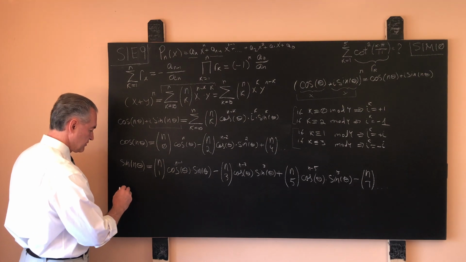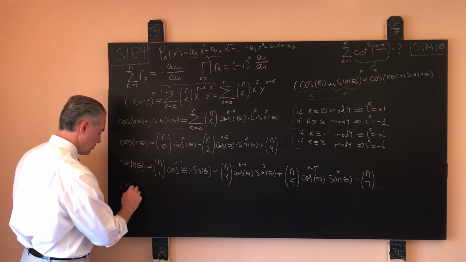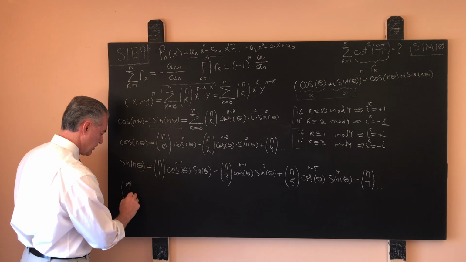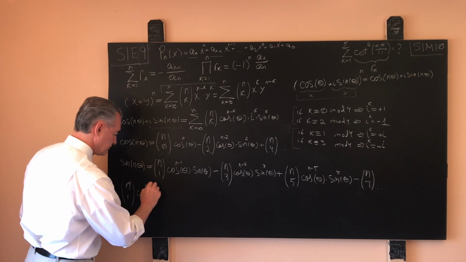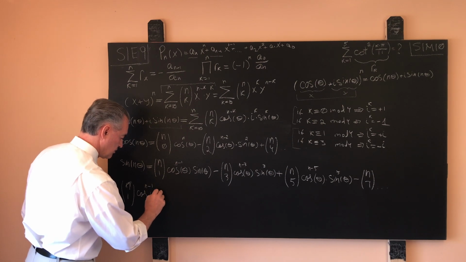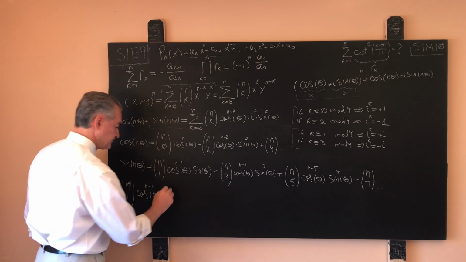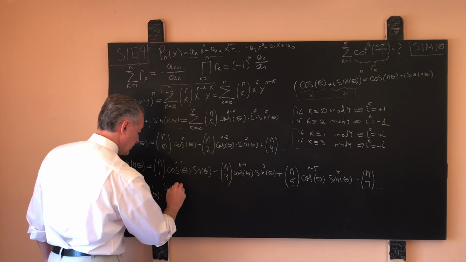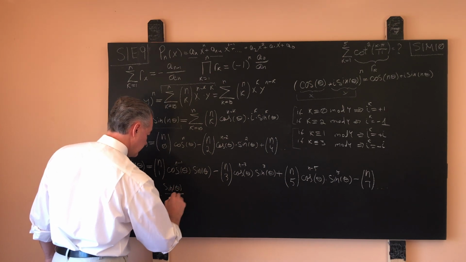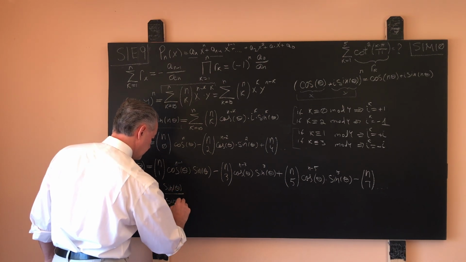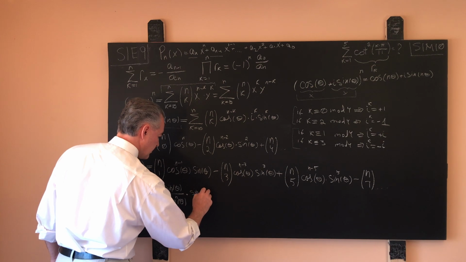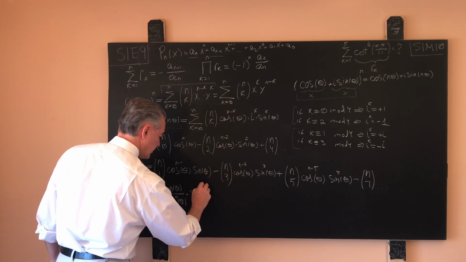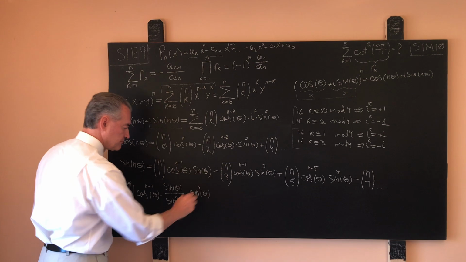Well, we will have our binomial coefficient n choose 1 times cosine raised to the power n minus 1 of theta times sine of theta, divided by sine of theta raised to the power n and multiplied by the sine of theta raised to the power n.